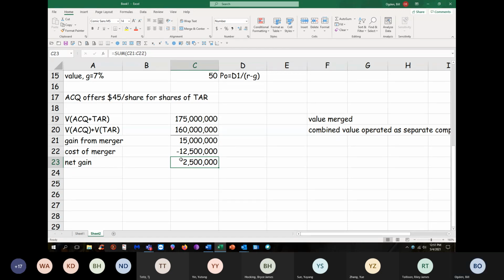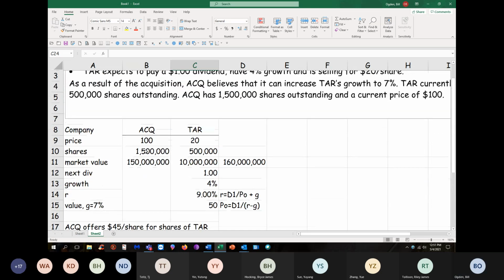Okay, this type of number is not in your text, but I think it's useful. Why? Well, what's the gain per share? Well, this $2.5 million of extra value is distributed evenly across 1.5 million shares, isn't it?